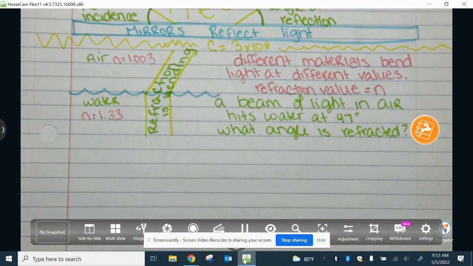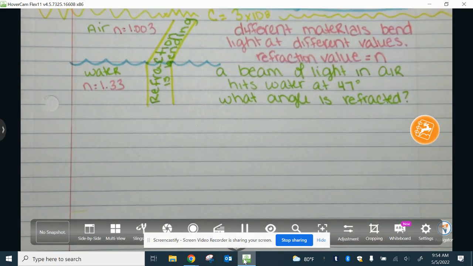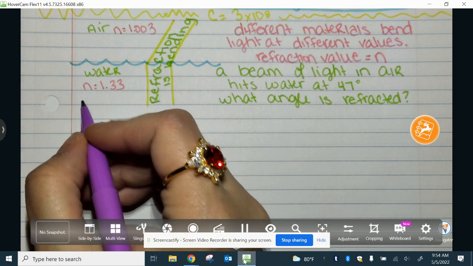Do you have to have those memorized? No. I ask that you memorize the speed of light, know that it applies to all electromagnetic waves, and you've had to memorize gravity. That's about it. So to figure out at what angle it's being bent, you use a formula called Snell's law. Snell.